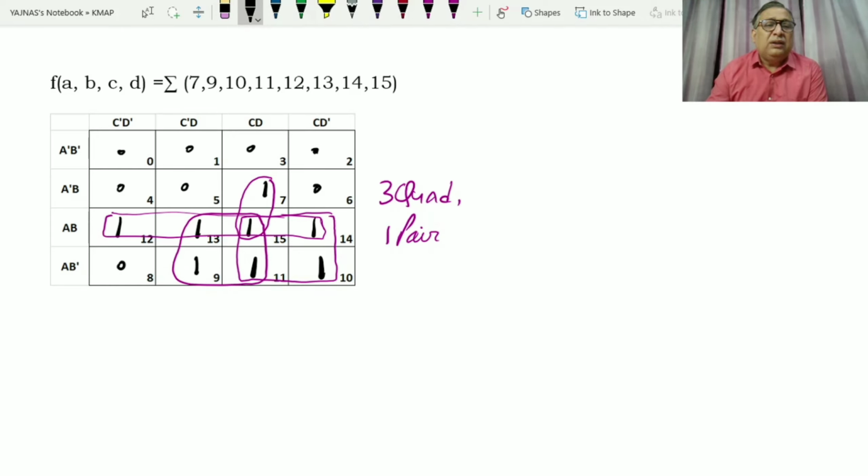The first quad, sigma 12, 13, 14, 15, will give the result as AB.